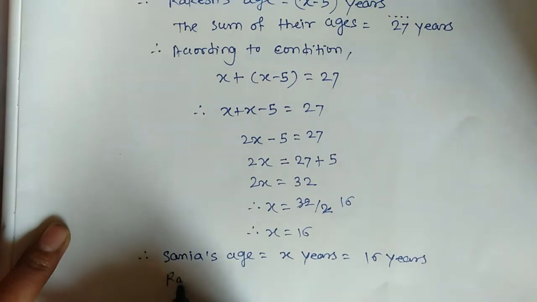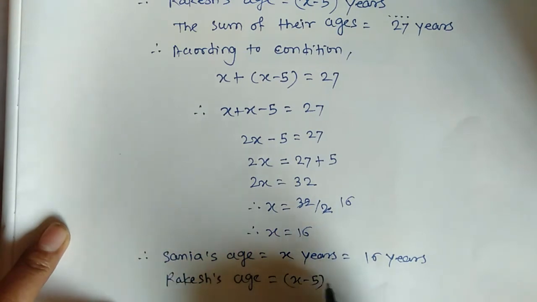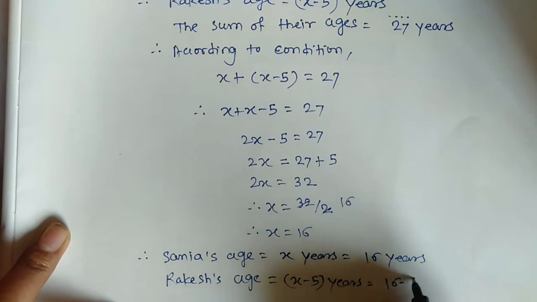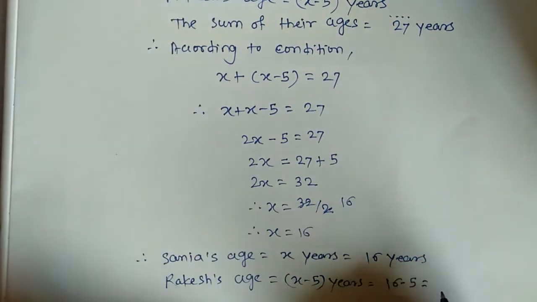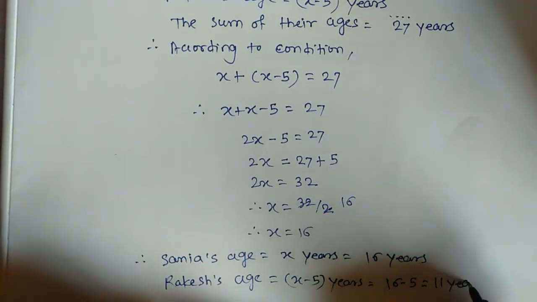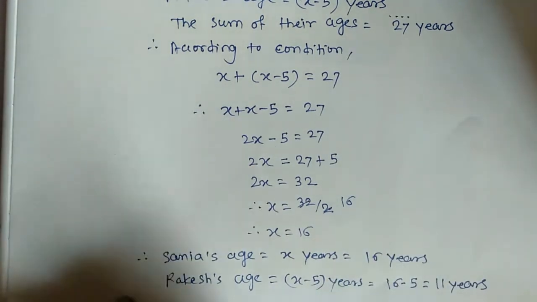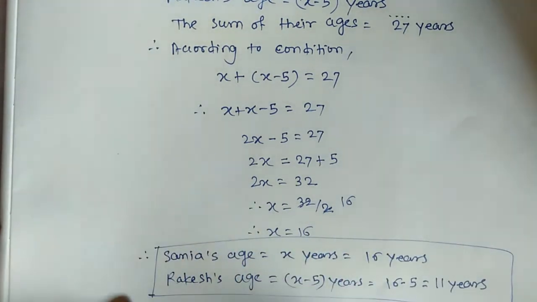And Rakesh's age is equal to x minus 5 years, equal to 16 minus 5, is 11 years. And this is the final answer. Very simple.